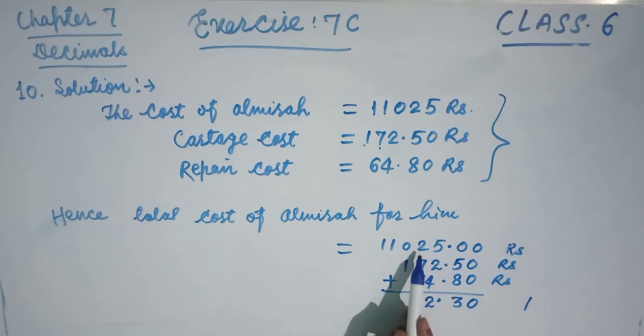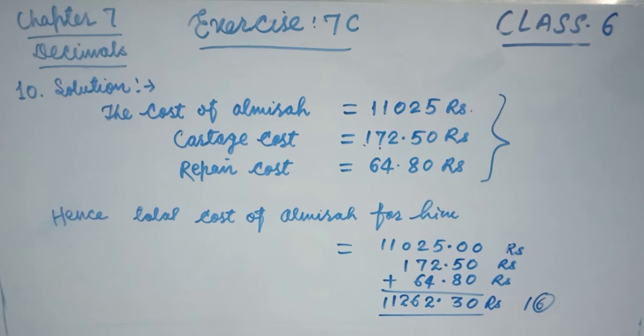Now this is 2 plus 1, 3, 3 plus 7, 10, and 10 plus 6, 16, 6 is here, 1 is balance once again. Now this is 1 plus 1, this is 2, and this is as it is 1 and 1. 11,262.30 rupees. This is your answer.